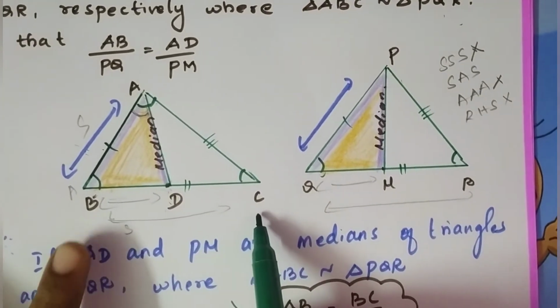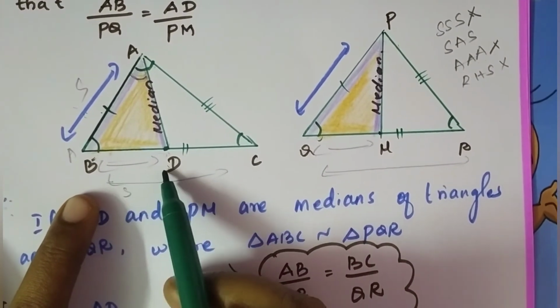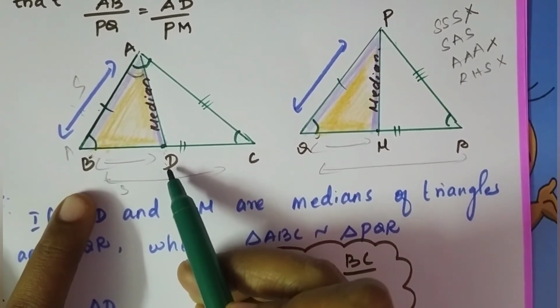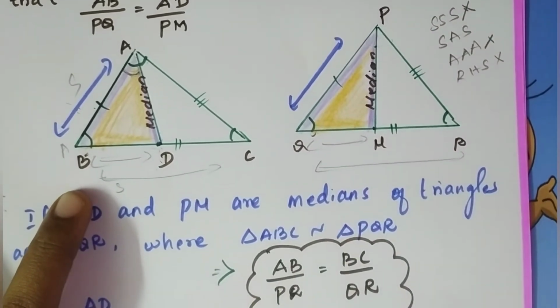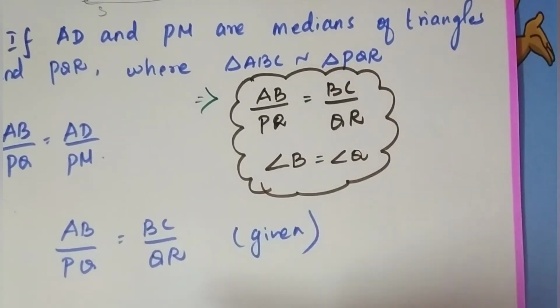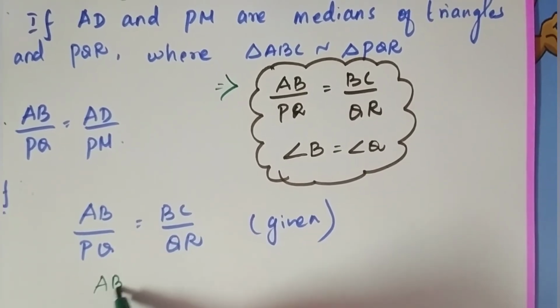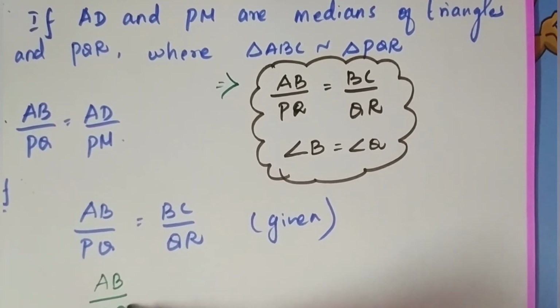So I have to change BC to BD. How can we change BC to BD? If BC is 10 centimeters, since D is a midpoint, BD is 5 centimeters. So write the first portion as it is, AB divided by PQ.